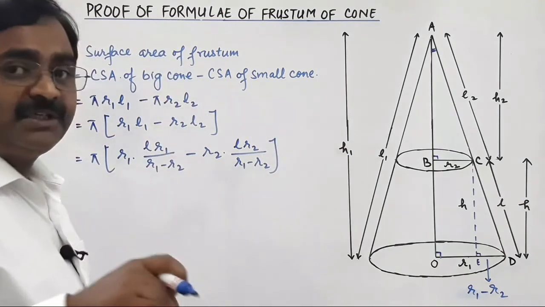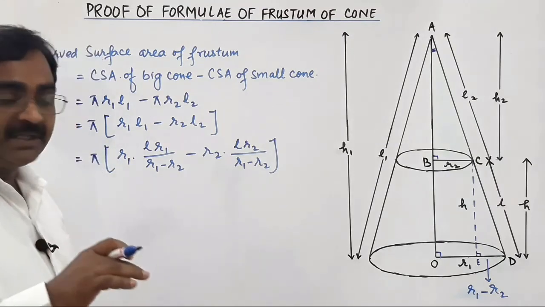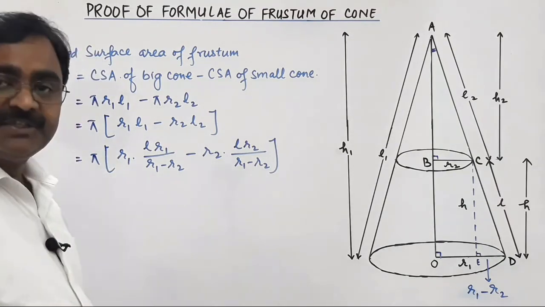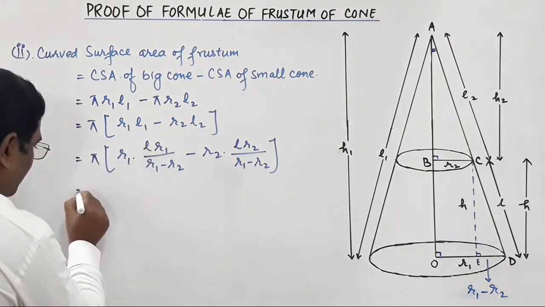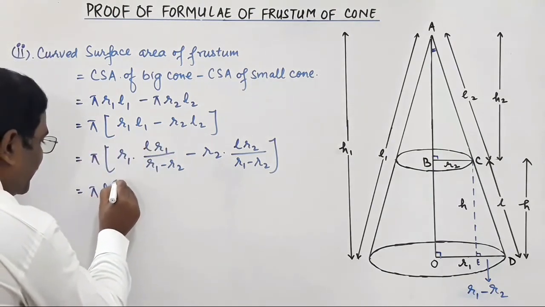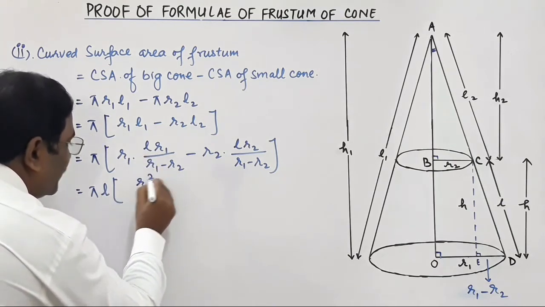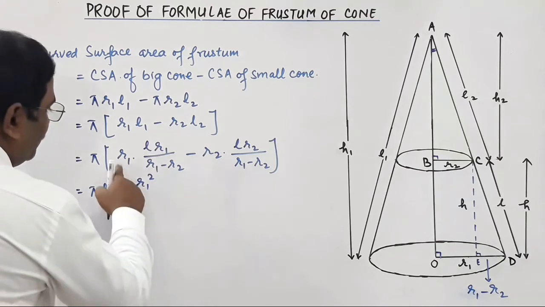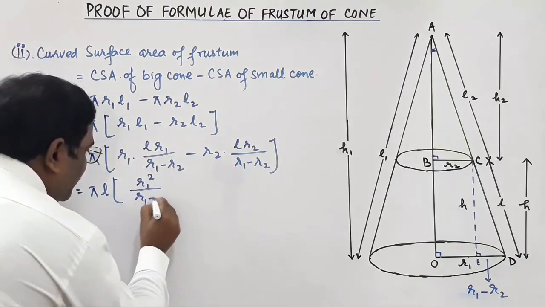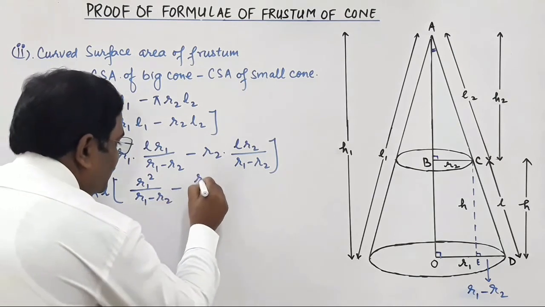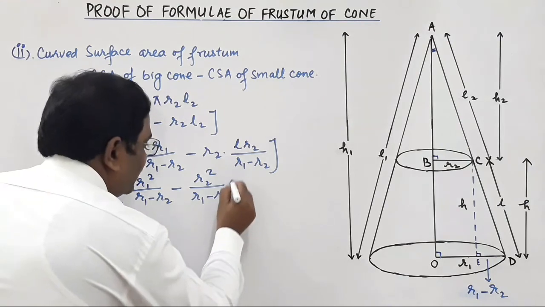So you have to study the second and third equations very deeply so you can substitute these values. Now L is also common, so pi into L, and now you will get R1 square, because R1 into R1 is R1 square, upon R1 minus R2, minus R2 square upon R1 minus R2.